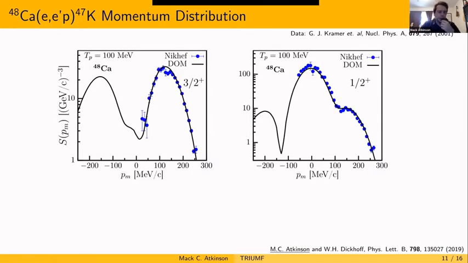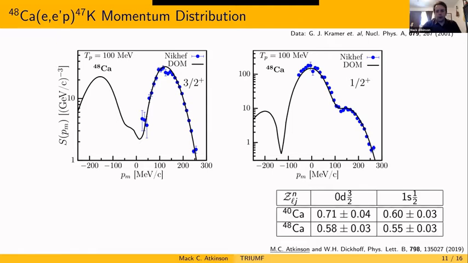So the same can be done for calcium-48. And you can see a very similar agreement with the data. And so now if we compare the spectroscopic factors calculated for calcium-40 and 48, you can see that especially in the d3/2, there's a significant decrease in the proton spectroscopic factor as you go from calcium-40 to calcium-48.